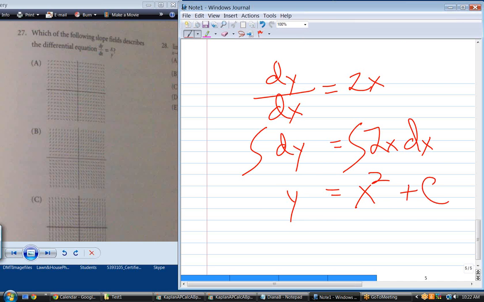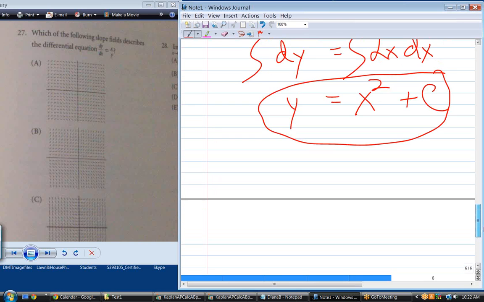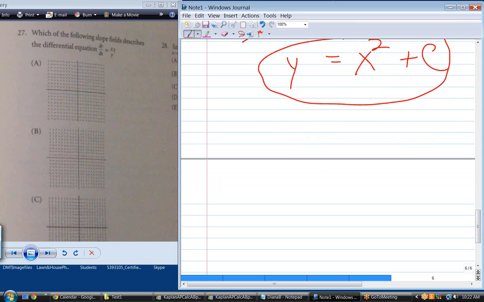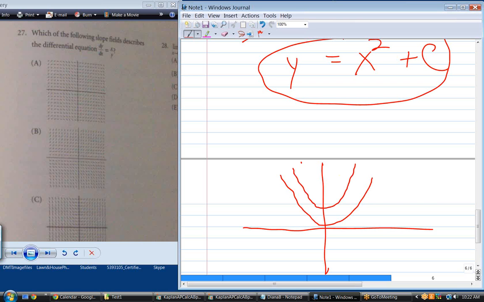If I wanted to represent that graphically, I would end up with a slope field. Notice that there are a bunch of, depending on what c is, these are my solutions. See why each of those is a solution?